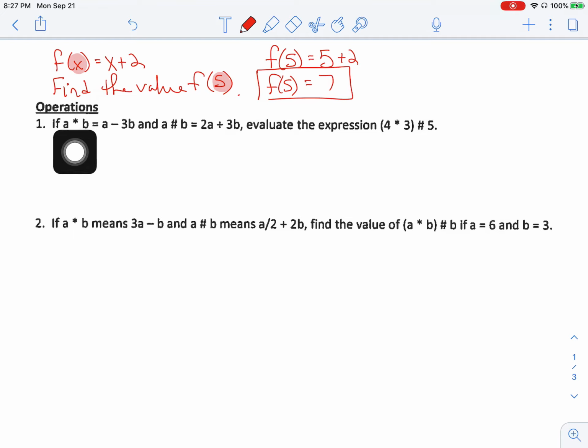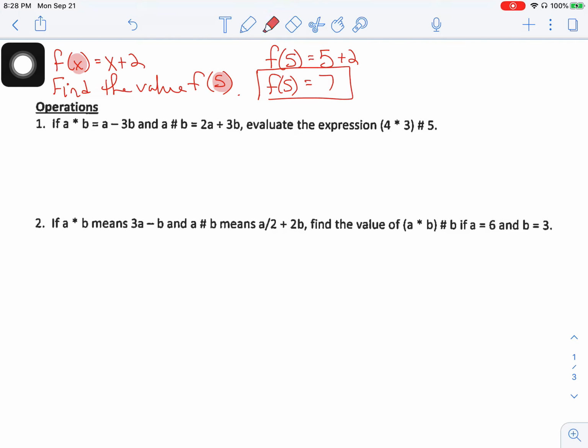So this definition, a asterisk b, has been defined for us as take the value of a minus 3b. And we have another little function called a hashtag b. This is being defined for us in this problem as equal to 2 times the value of a plus 3 times the value of b.